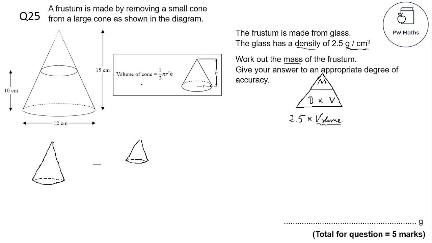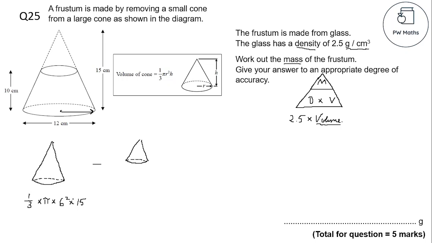They've also been very generous and told me the volume of a cone is 1/3 pi r squared h. So I'll do 1/3 times pi times r. Could go wrong. Very tempting to write 12, but I think it's 6, half of 12, squared, times the vertical height of 15.